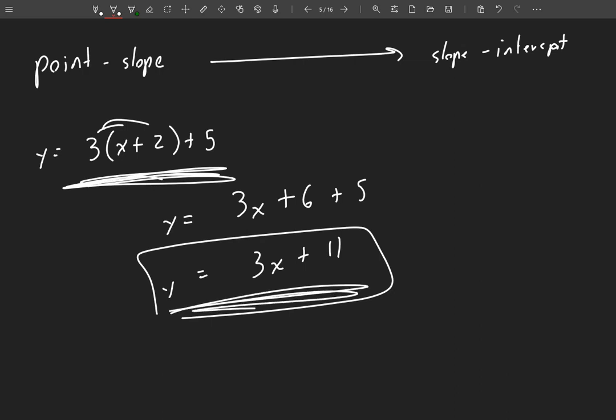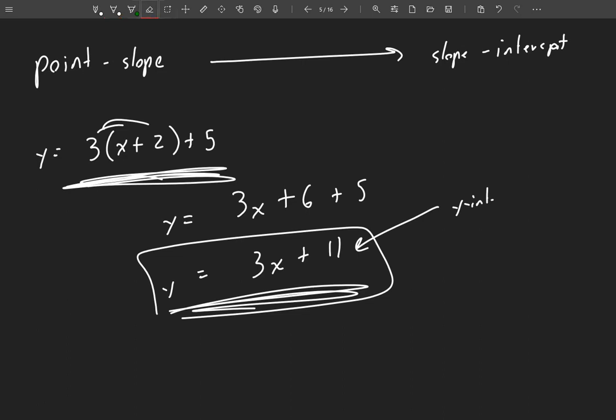And you could graph it this way, or if you were just trying to find out the y-intercept, there it is. This is the y-intercept, and it is now visible in the function because it's in this form, that last number is the y-intercept. It's really that simple. All you have to do is distribute that slope into the parentheses with the x, and then just collect your terms and simplify.